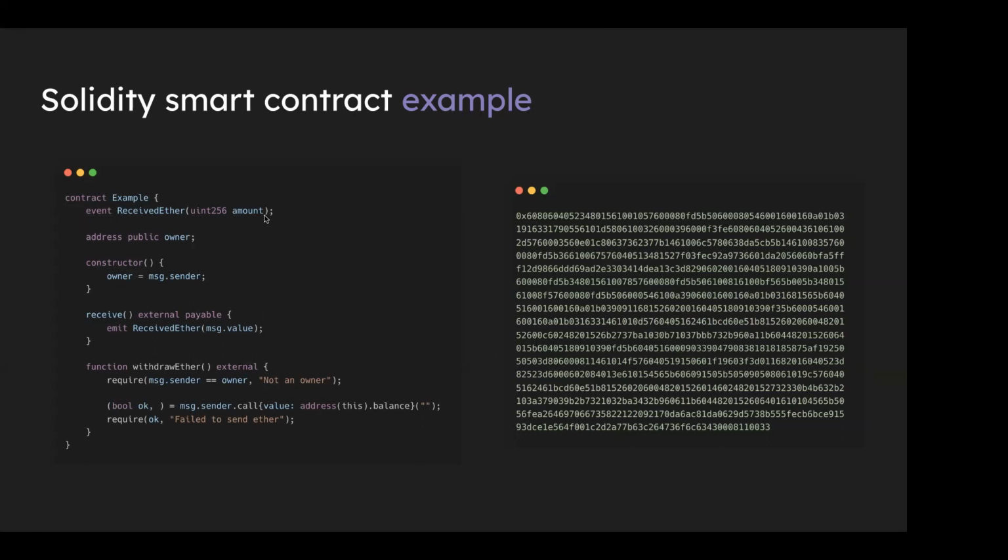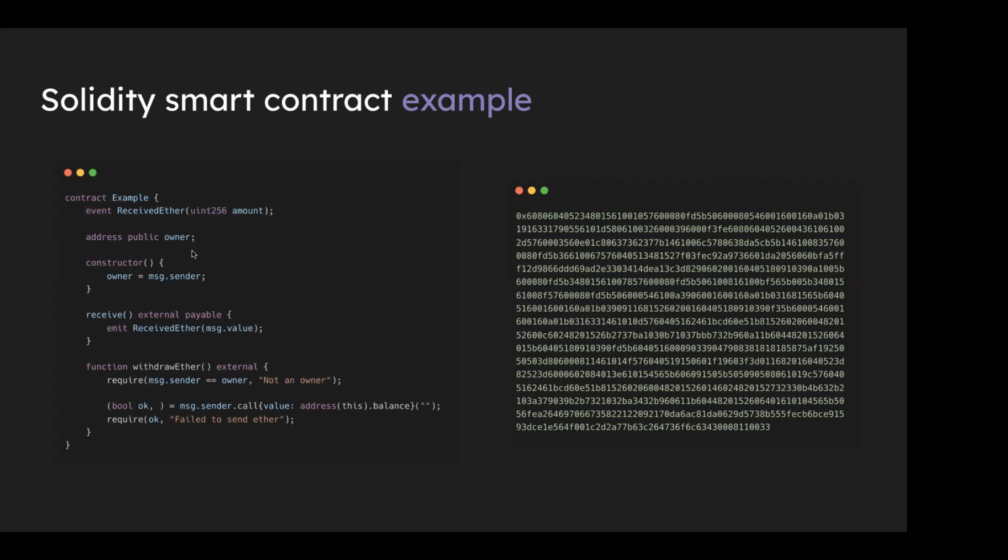It is a special feature of EVM that allows you to track some action and to have it easily discoverable. So here we define an event called received Ether, and the argument of this event is the amount of Ether that is received.